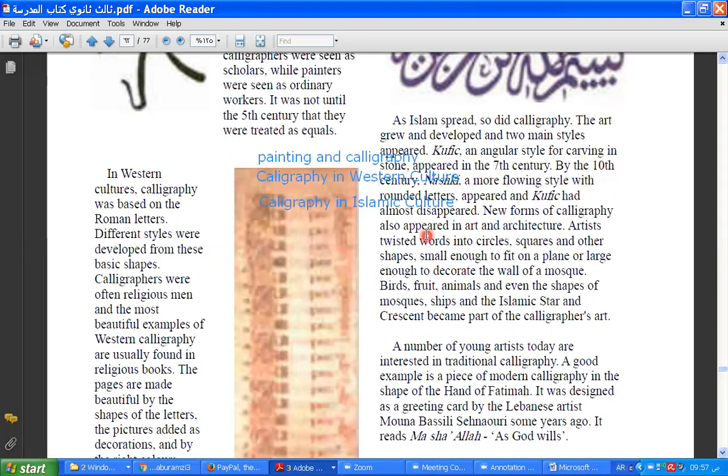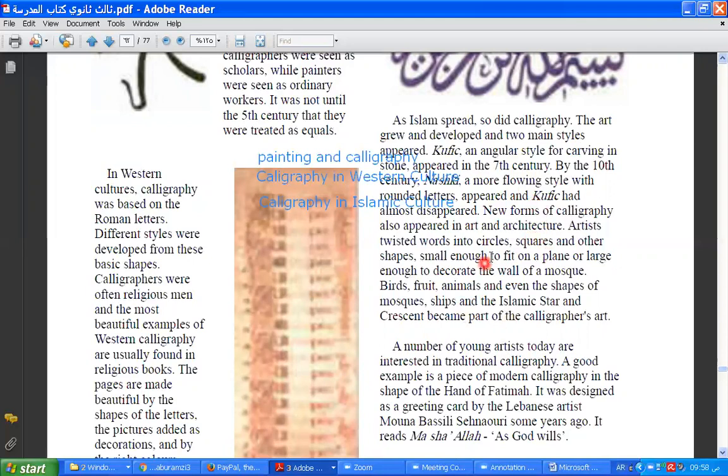By the 10th century, Naskhi, a more flowing style with rounded letters, appeared, and Kufic had almost disappeared. Maybe they mean Kufi, or the Kufi script, and Naskh, yes. This is what they mean, I think.